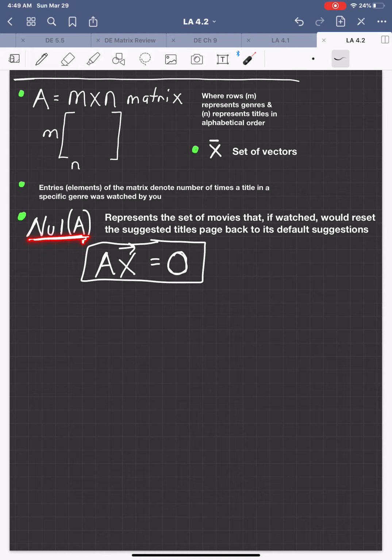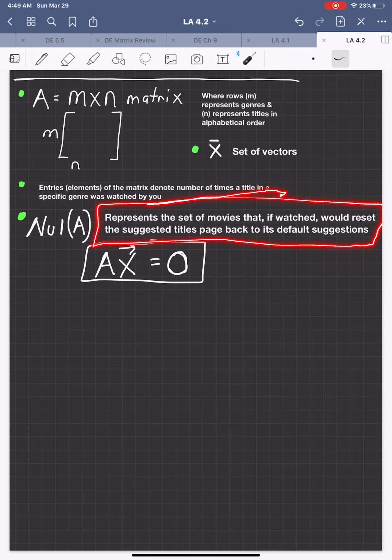You remember how there was that mapping to 0. So in other words, if you log into your Netflix right now, and you're seeing all the suggested movies that Netflix thinks you might like based on your viewing history, if we think about a way of undoing your watch history, if we think about the null space of A as representing the set of movies that, if watched, would reset the suggested title page back to its default suggestions.